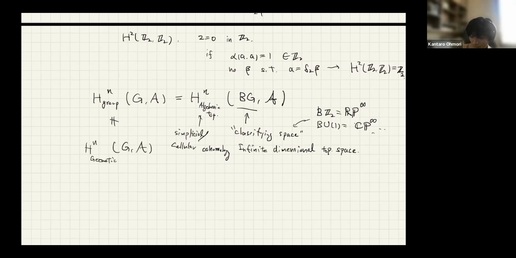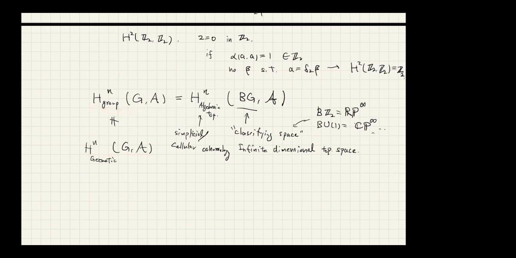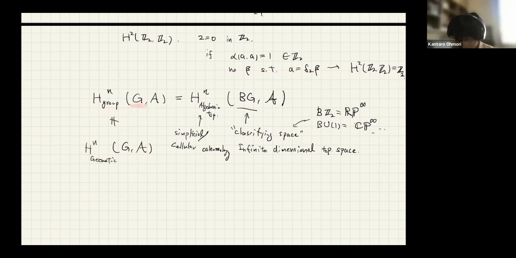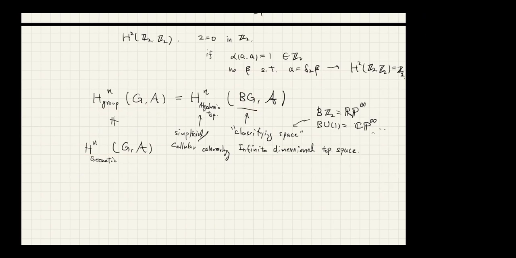If G is a Lie group, you can regard it as a manifold and think about de Rham cohomology or something. That's not the same as this group cohomology. Rather, it's that of this humongous space.